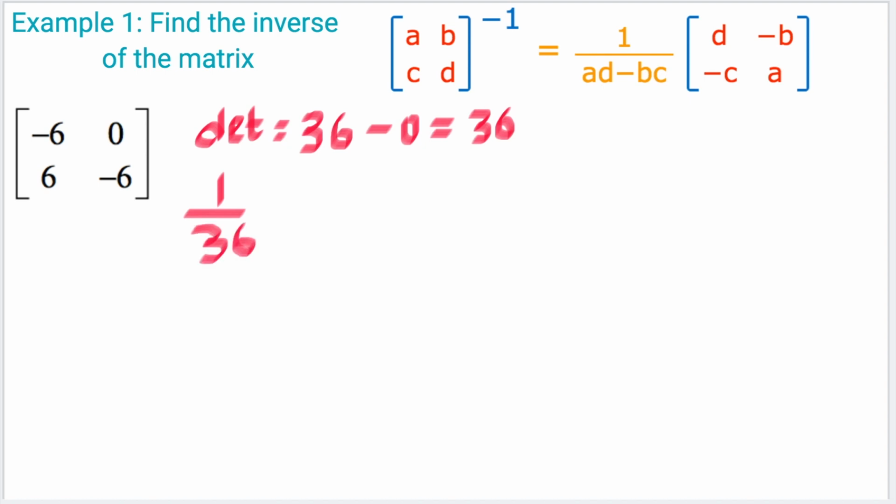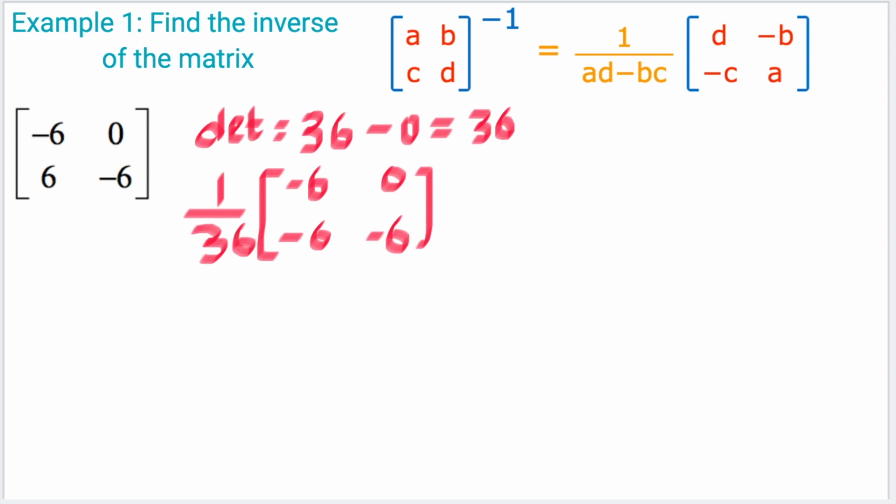It becomes a coefficient of our matrix, and then we switch A and D. Now the good thing about this matrix, A and D are the same number, so -6 and -6. Now 6 and 0, we're just going to make them negative. 6 becomes -6, 0 is always 0, and then now we multiply this coefficient times everything inside the matrix.